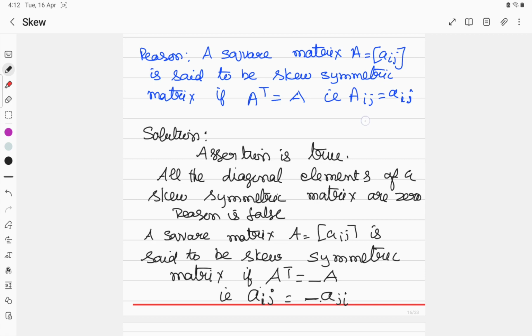That is, the matrix 0 E F; minus E 0 G; minus F minus G 0.